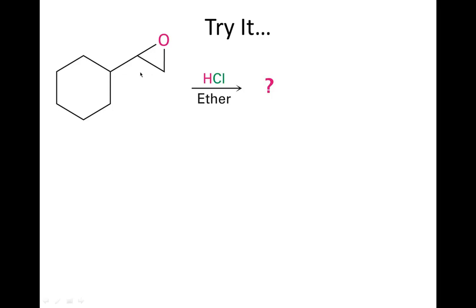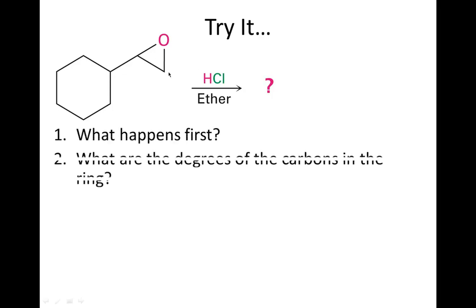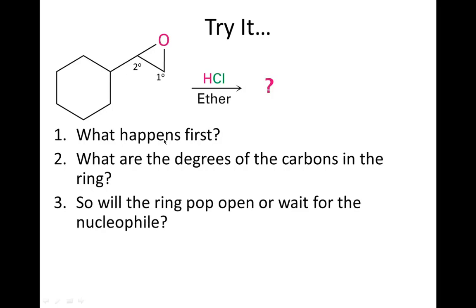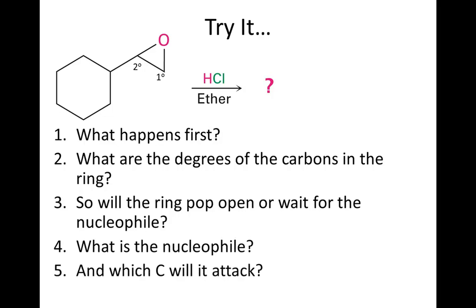So, you know, neither one is a super good carbocation, so maybe it will just wait. And this one is not crowded, so the chlorine could go there. So the first thing that happens is the protonation. We talked about the degrees of the carbon, and so probably it will wait, and the chloride ion is the nucleophile, and so we'll put it on the less crowded carbon, and so that's the product that we would probably get out.